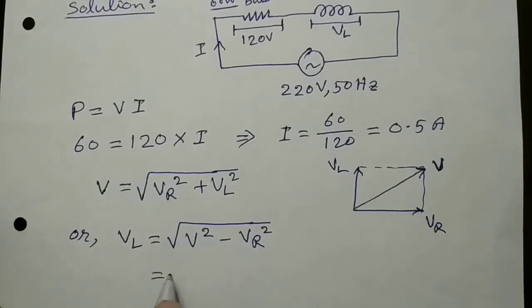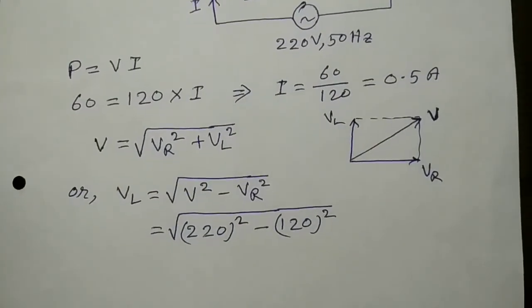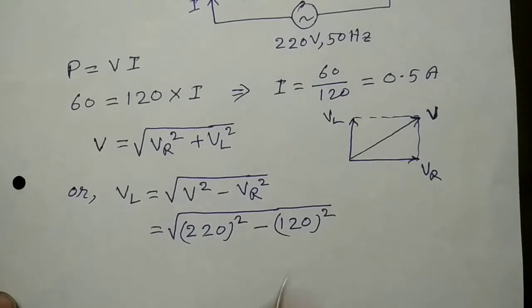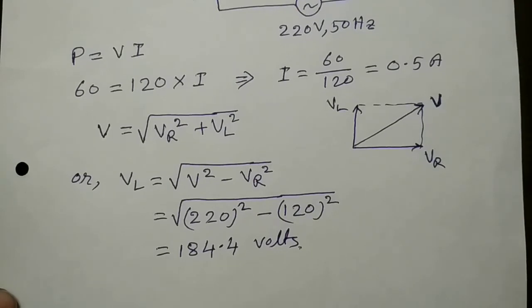In the question, the supply voltage is 220 volt and the voltage across the resistance, that means across the bulb, is 120. If we solve this, we'll get VL as 184.4 volts. That is the voltage drop across the inductance.